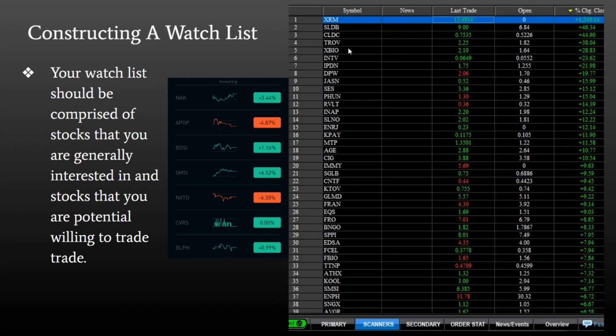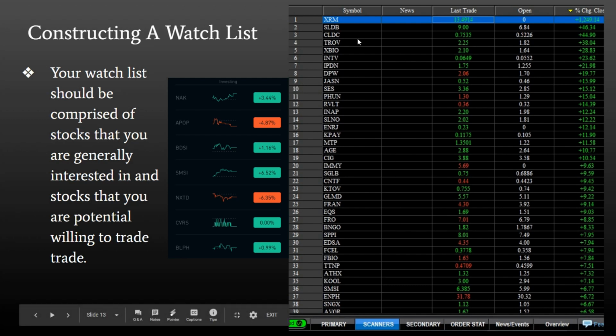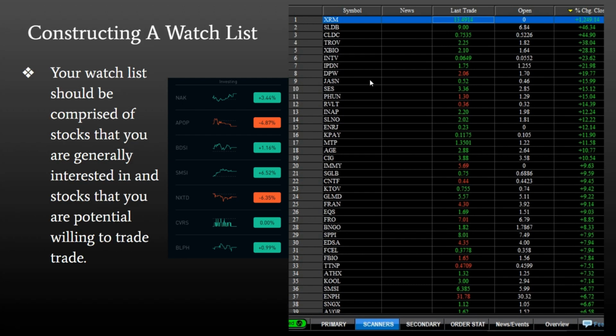And here's about 38 or 39 of the stocks on my E-Trade watch list. And this is from Friday the 16th of August of 2019. So on this day, SLDB was up 46% on the close, and you guys can just take a look through the list and feel free, if you're going to be day trading like myself, stocks between 50 cents and $10.